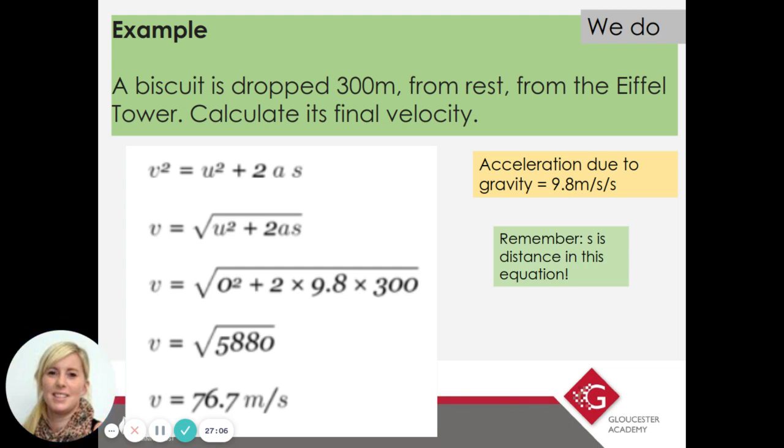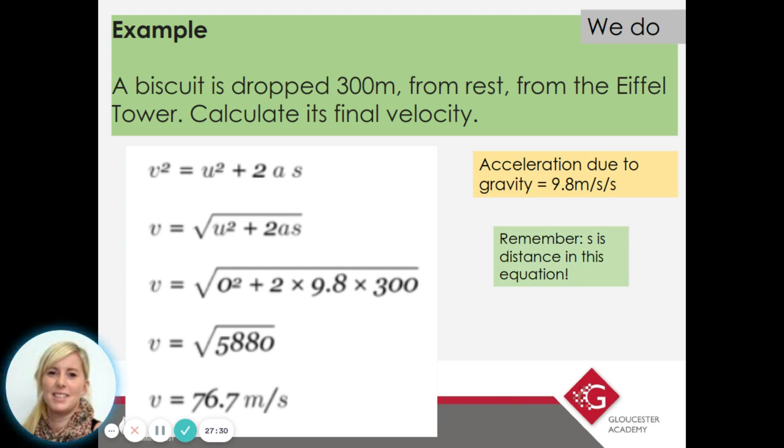But in order to change it from v squared to v, you just have to square root it. So this is why you need your scientific calculators. And you come out with the final answer of 76.7 meters per second. So remember, it wants final velocity, not final velocity squared. So this is all about knowing how to rearrange an equation to work out the one that you want on its own.